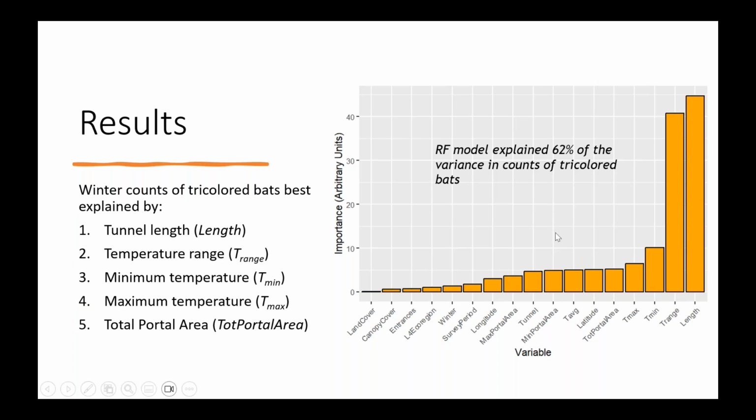So what are the variables that the random forest model told us were most important? Well, what do you know? Similar cast of characters: tunnel length, the range of temperatures during the winter, the minimum and maximum temperature, which are very similar to range, and the total portal area. So we took these 5 variables again and asked what is the most parsimonious statistical model to help us predict bat counts.